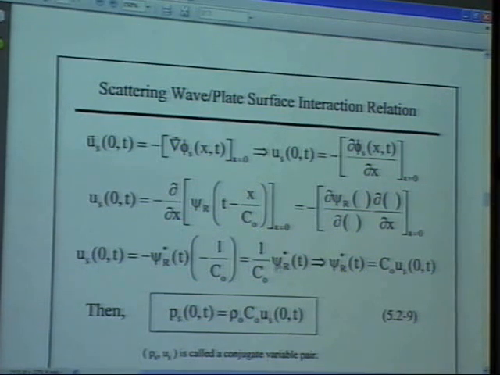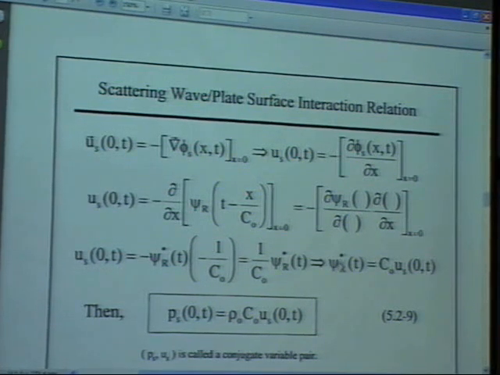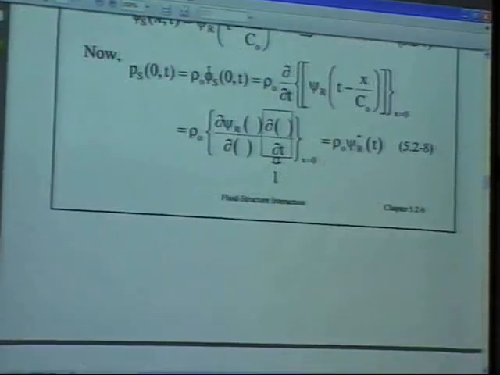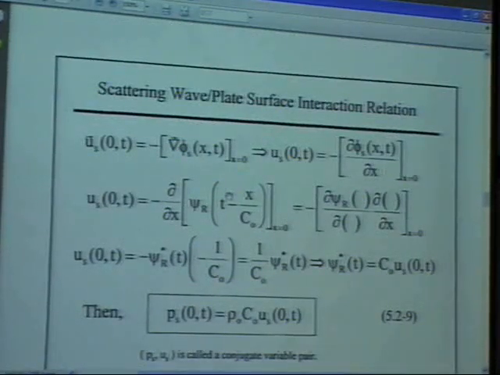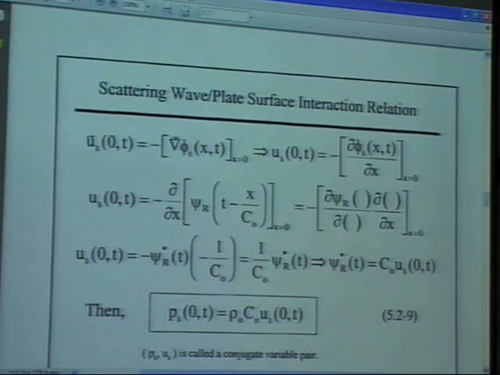From here, psi r star is c naught times u s. Then you plug this expression into the bottom equation here. Then you can delete psi r, because psi r is the variable, that's not the function you want. Then you get the relation between P s and u s. That's what we have done.